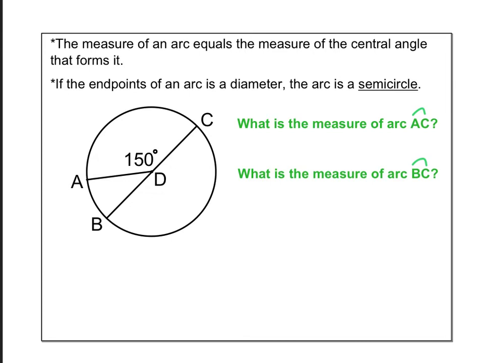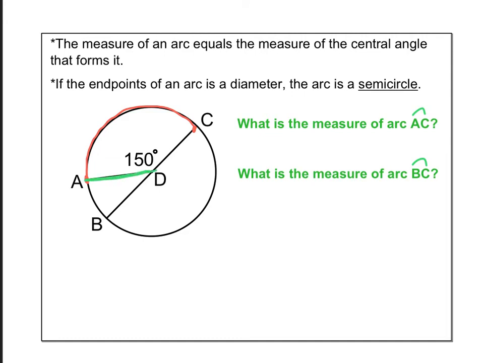The measure of an arc equals the measure of the central angle that forms it. So let's look at that one first. For example, in this picture here, we want to know what is the measure of arc AC. So arc AC is from point A to point C. And we can see the central angle that forms that arc, right?